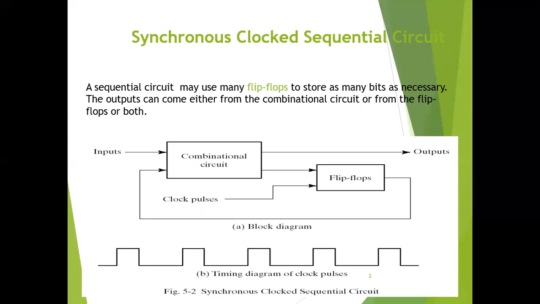The new value is stored, that is, the flip-flop is updated, when a pulse of the clock signal occurs. The value stored in the flip-flop will be updated at the occurrence of each pulse of the clock signal, which is also the input of the flip-flop.